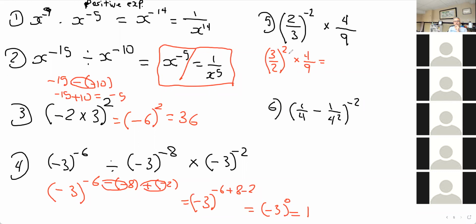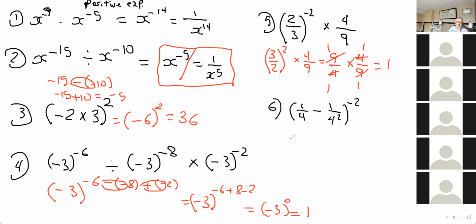When you have an exponent outside the brackets and a fraction inside, you do 3 squared and 2 squared. 3 squared is 9, 2 squared is 4, times 4/9. A fraction times its reciprocal, the fraction flipped upside down, is always 1. But also you could just say the 4 goes into itself once, and the 9 goes into itself once. So 1/1, that's the answer. So that's 1.